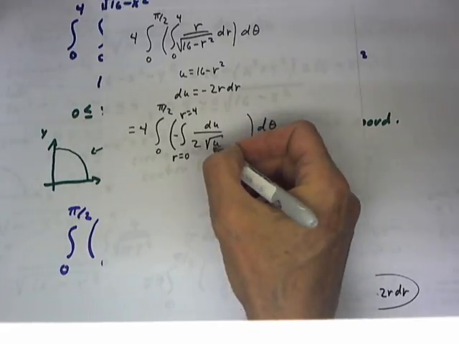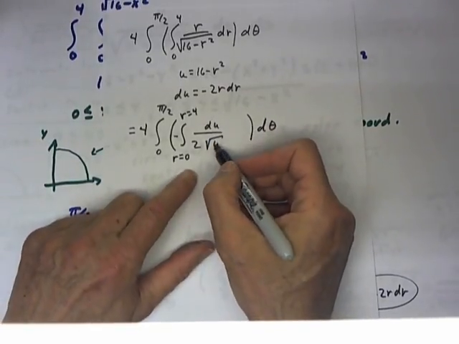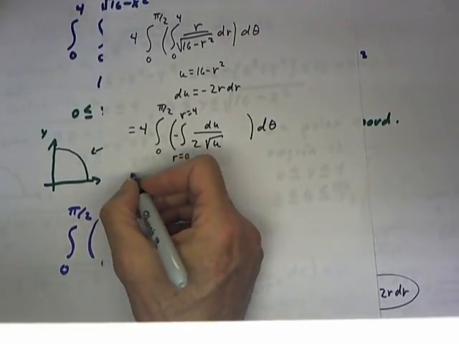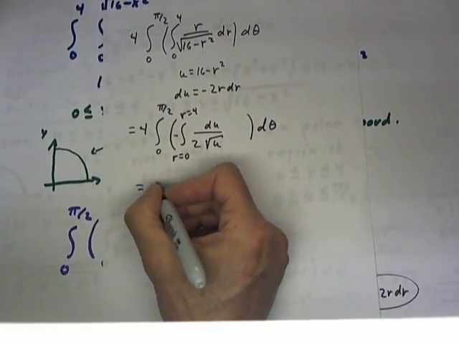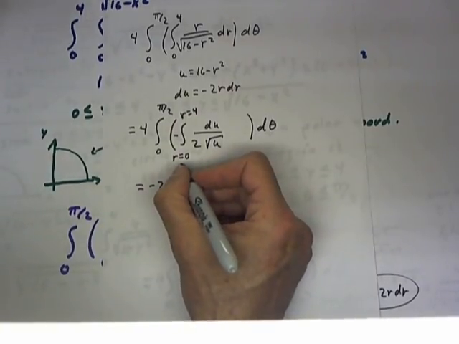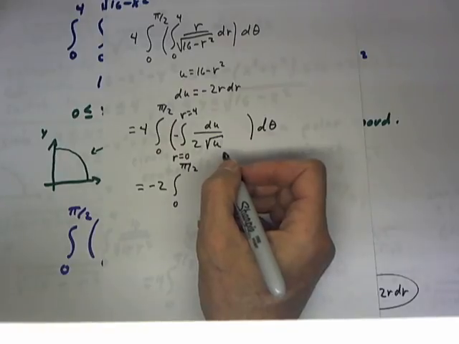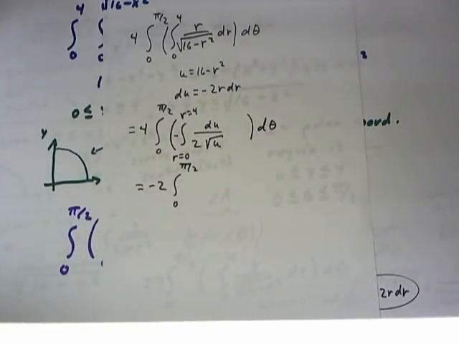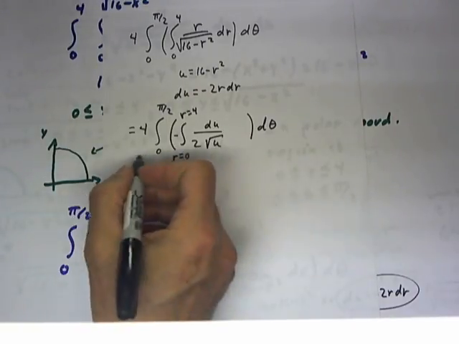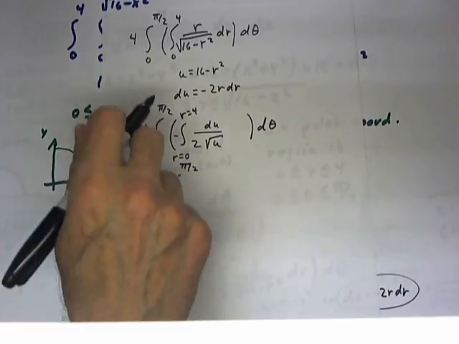Now the antiderivative of this expression with respect to u, first of all, the negative 1/2 can come out. So we have negative 2 instead of 4. We have the integral from 0 to pi over 2, and excuse my hesitation, but I decided right in the middle of that I didn't want to factor out that negative 1/2, so I've changed this back to 4.